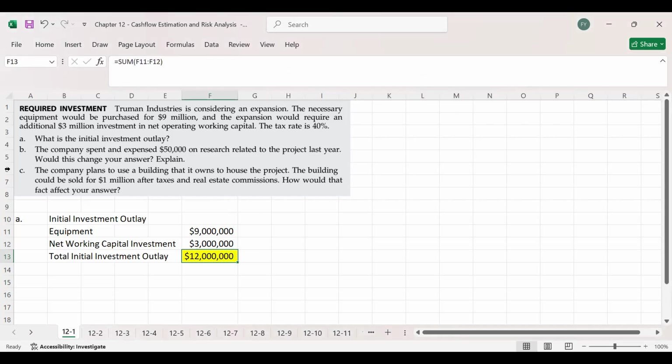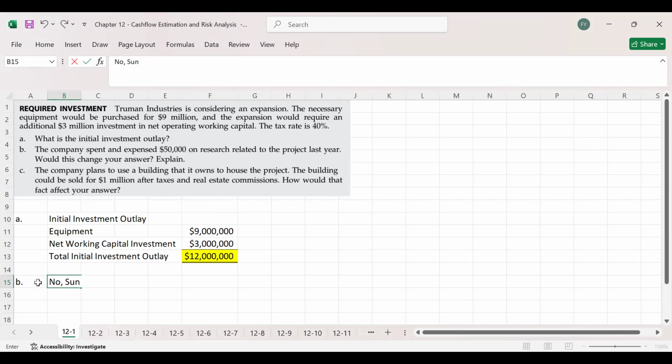The second is, the company spent and expensed $50,000 on research related to the project last year. So remember, this is a cost that the company had incurred last year. Would this change your answer? Explanation is required. No, why will it not affect the answer?